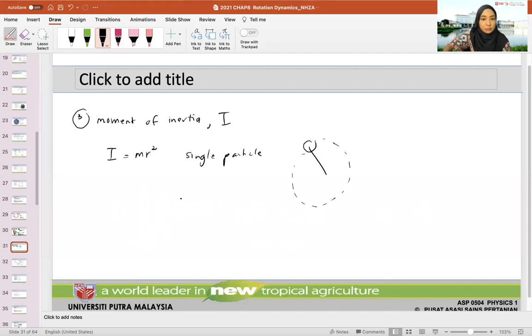So if you have multiple particles rotating, I don't know why we have this situation, but sometimes it happens. So we have to find out net mr squared for each particle. So this is going to be m1, m2, m3, m4, and r is from your axis of rotation.